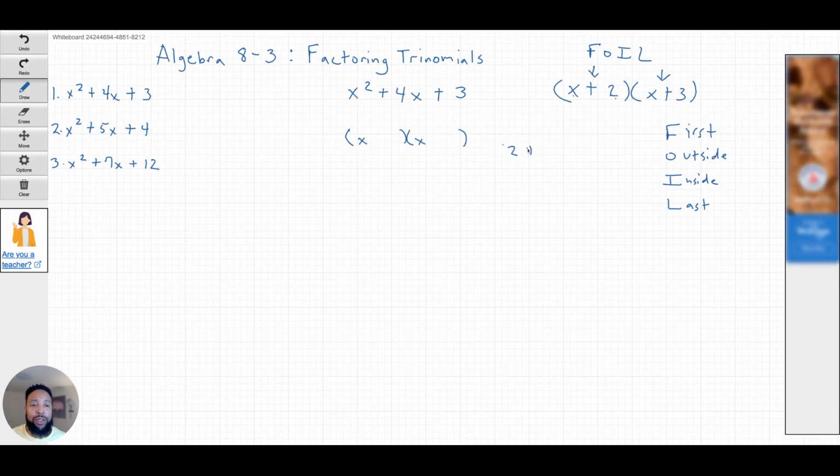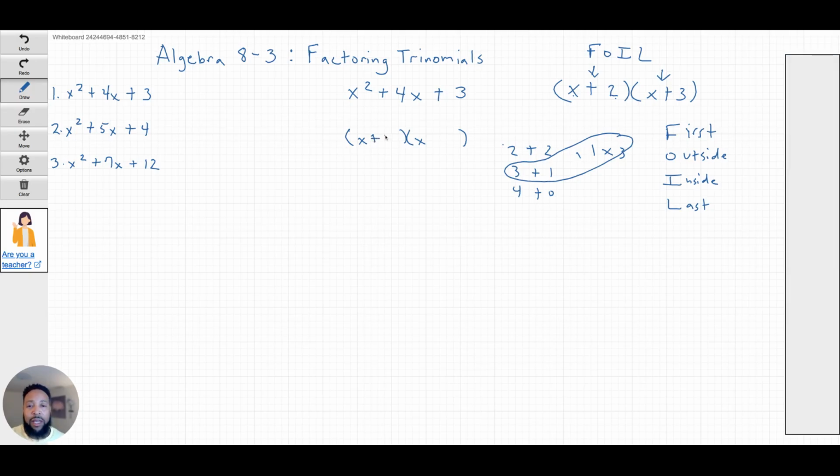You could do 2 plus 2, or 3 plus 1, or 4 plus 0. And then what can you multiply in order to get 3? Usually that's 1 times 3. So we see a 3 and 1 in common for both of those, so we'll use 3 and 1. So basically you have x plus 3, x plus 1.